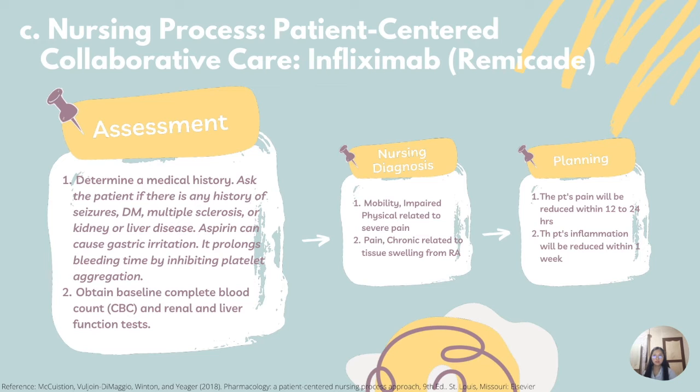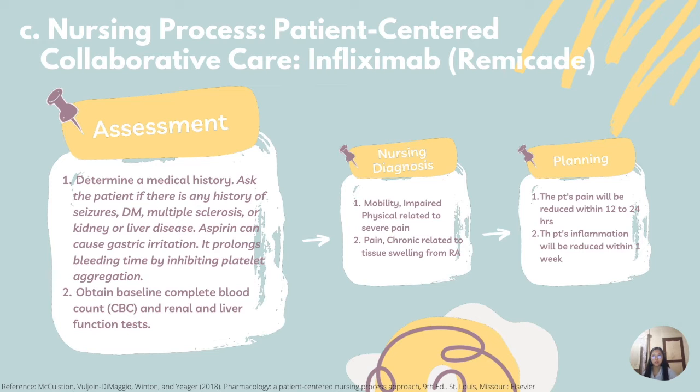Next, we're going to obtain baseline complete blood count and renal and liver function tests. Possible nursing diagnoses for infliximab are impaired physical mobility related to severe pain, and chronic pain related to tissue swelling from rheumatoid arthritis.